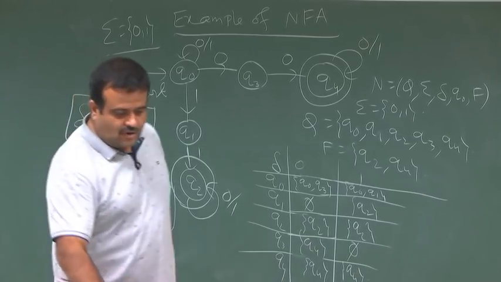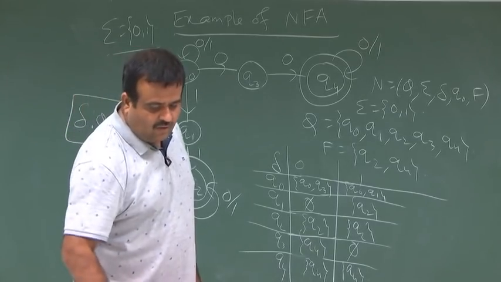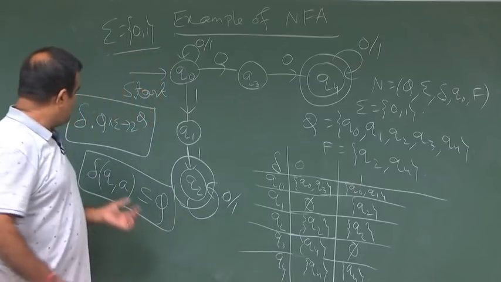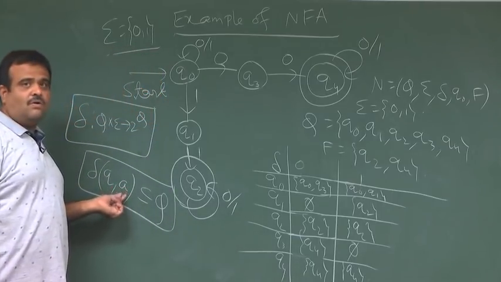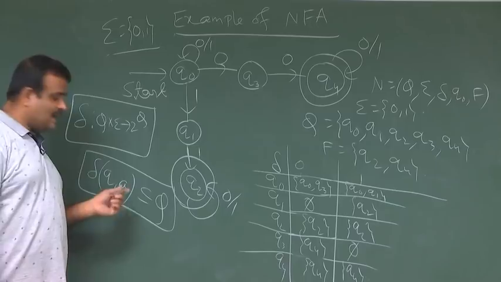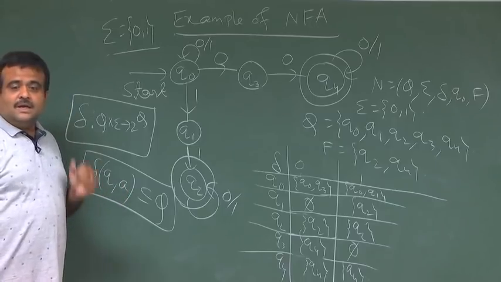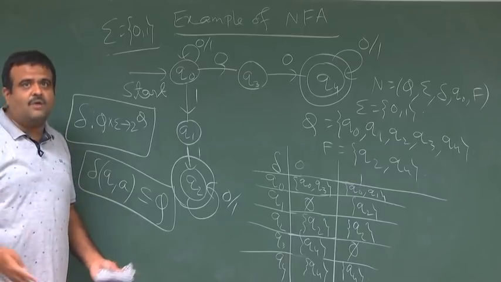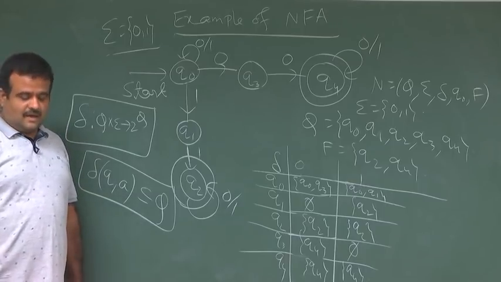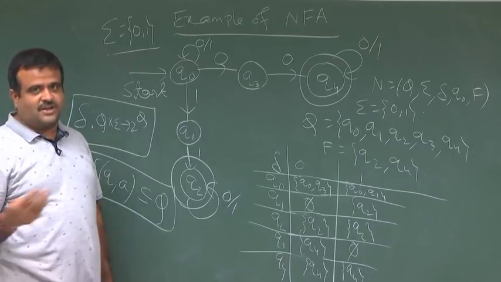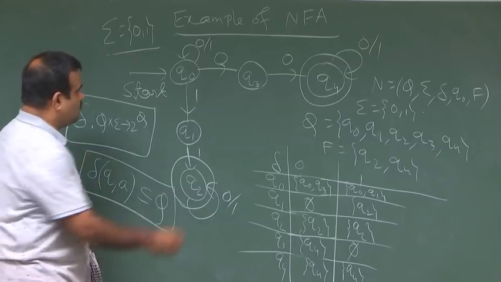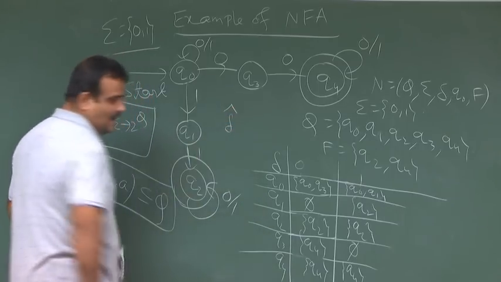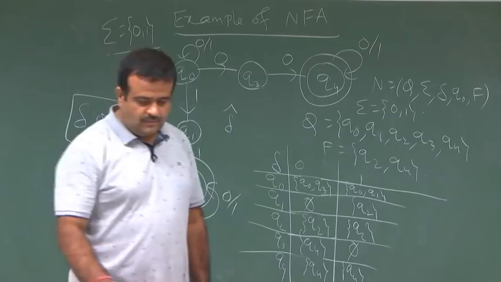Okay. Now, we will talk about how we can extend this. This is for a single input, for a, the input alphabet. Now, we see how we can extend this for a string, how an NFA can execute over a string. So, we are going to extend this to delta hat, the extended transition function.